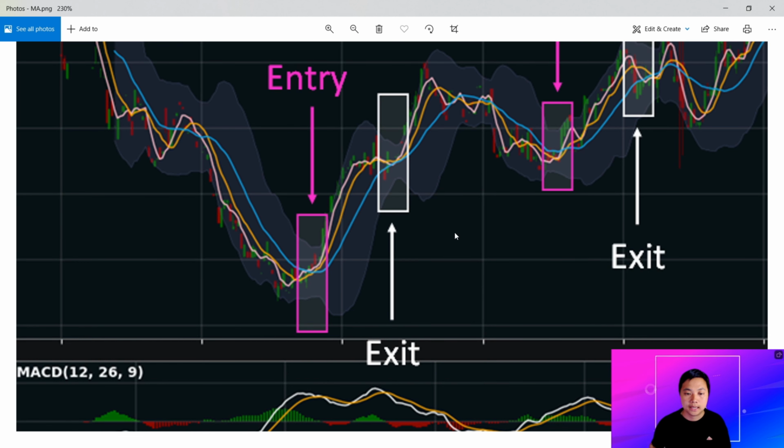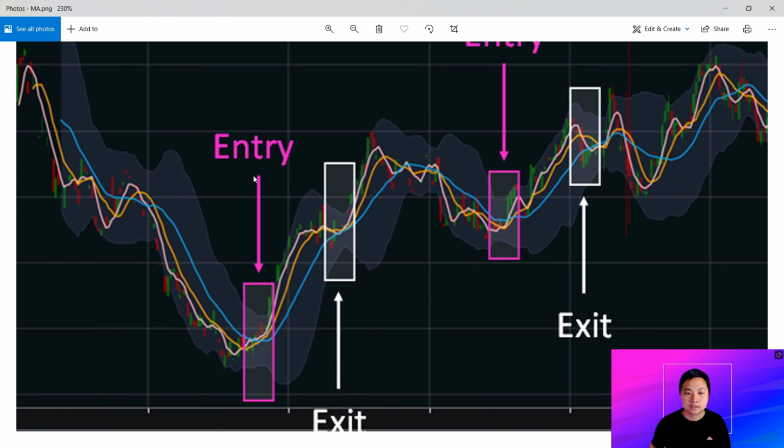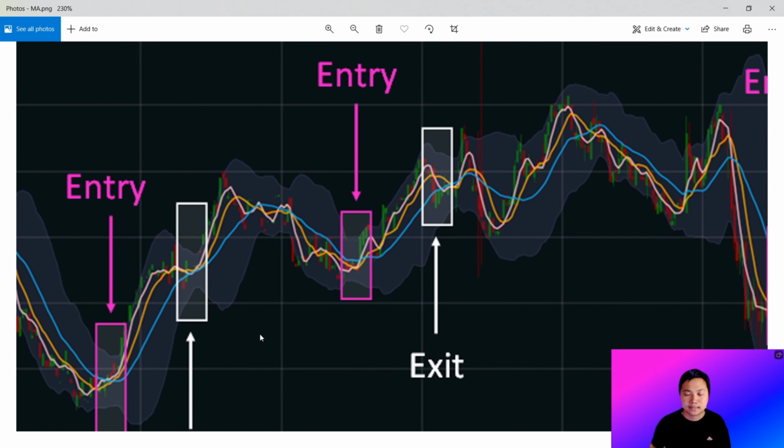And then for the exit over here, you can see the pink line moving under the 2 moving averages. This is the first pair. The second opportunity we see here is that the pink moving average, the faster one, crosses over the 2 slower moving averages. That is the entry point.